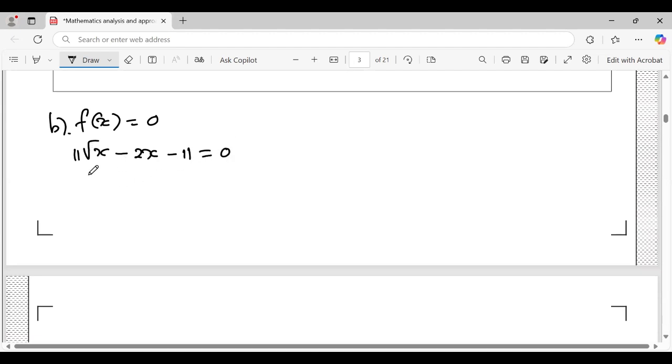I'm going to rearrange this equation so that 2x plus 11 equals 11 square root x.